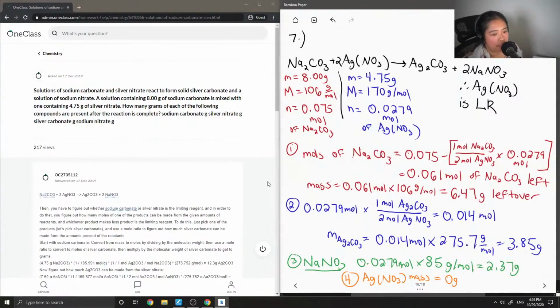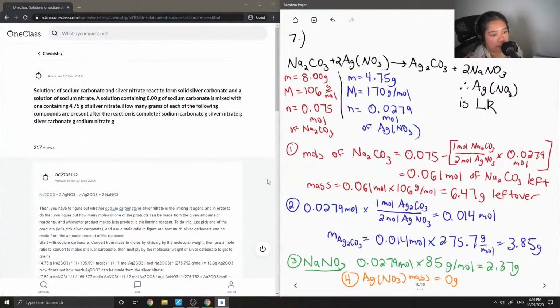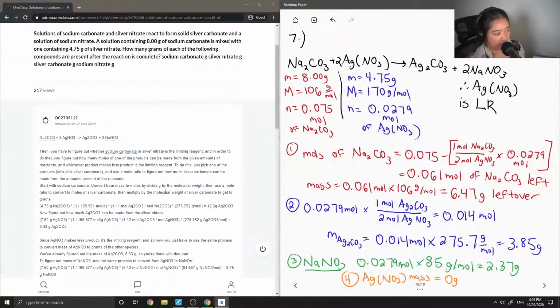Okay, so basically, just to sum it up, the sodium carbonate has 6.47 grams left over. We are able to form 3.85 grams of the silver carbonate, and we're able to form 2.37 grams of sodium nitrate, and the mass of the limiting reagent after reacting is 0.